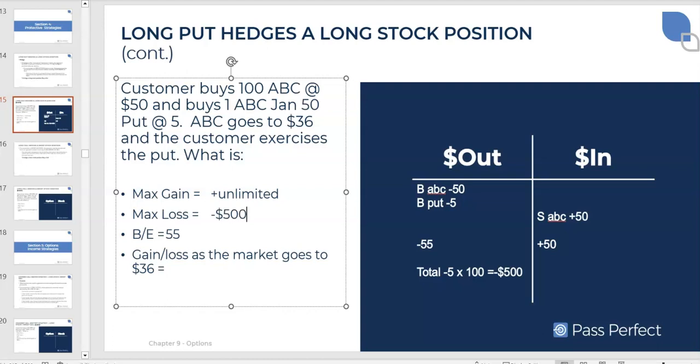Which, of course, if the stock went down to 36, he's got a get out of jail free card for $50. Now, again, that's like disaster insurance. He's going to use his insurance policy. Okay.